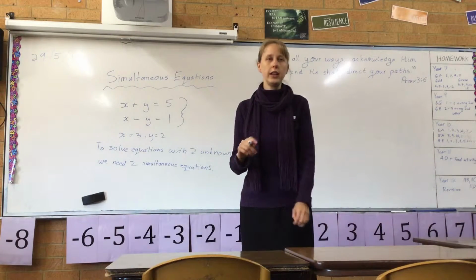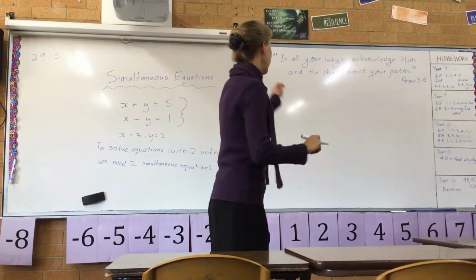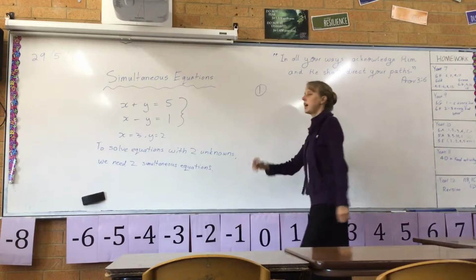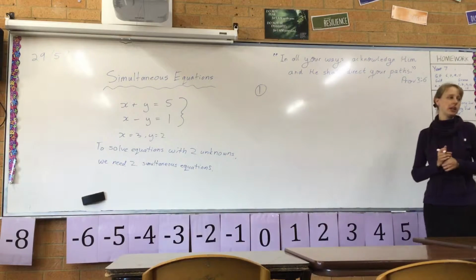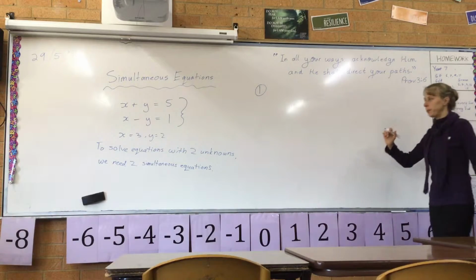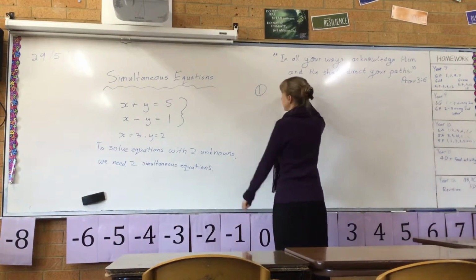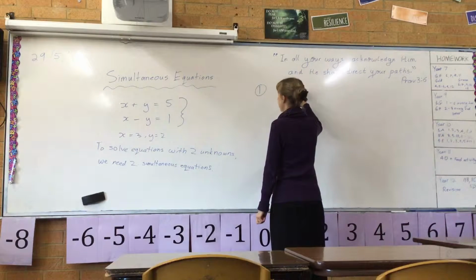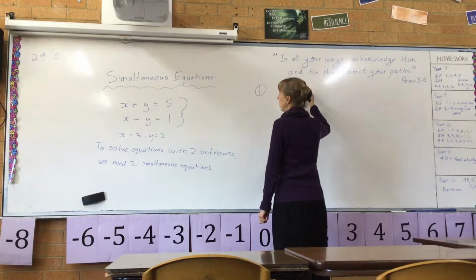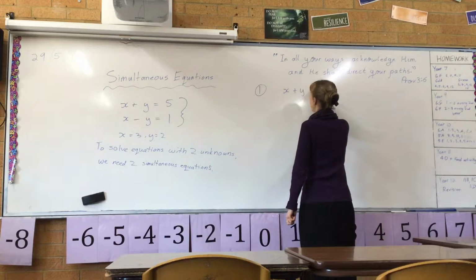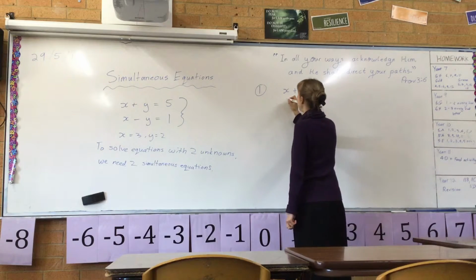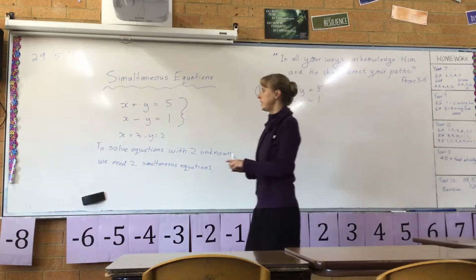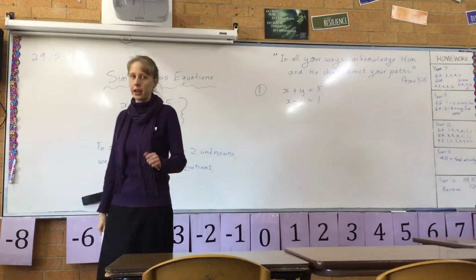Now what I'm going to do is give you some examples of the elimination method. So here are my 2 equations. I'm going to have the exact same ones as we had over there, but I'm now going to show you a method to do it. With this one, it was easy enough that you could look at the options and work it out.